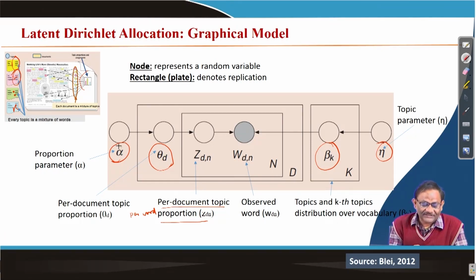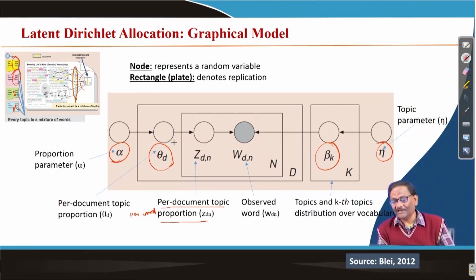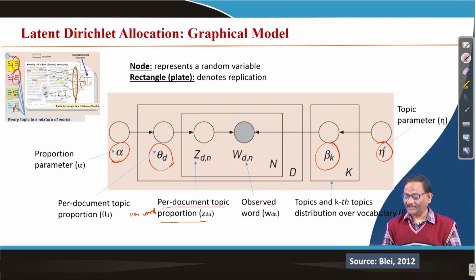Theta d is generated from some distribution with parameter alpha, that is the concept. Similarly, there are k number of topics, and beta k is the kth topic's distribution over vocabulary V, which is also generated through a topic parameter.